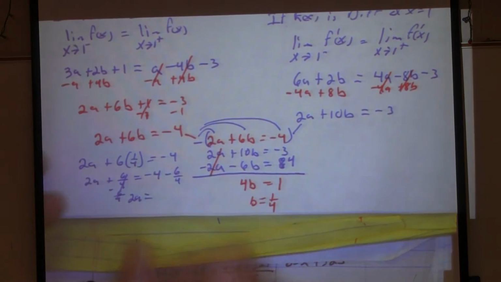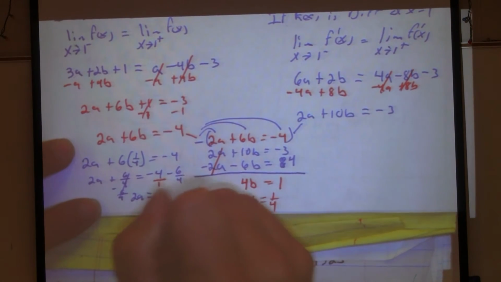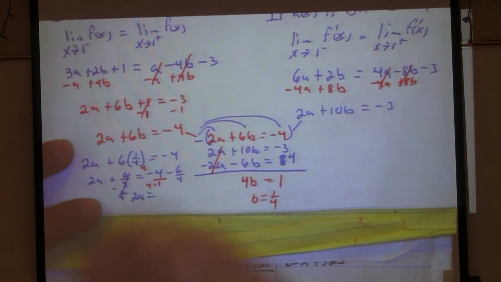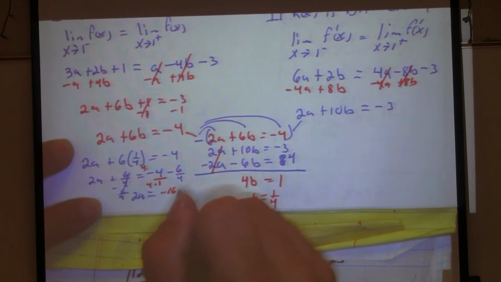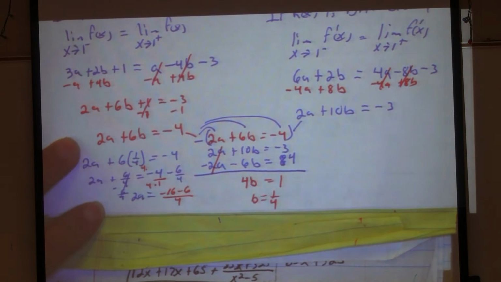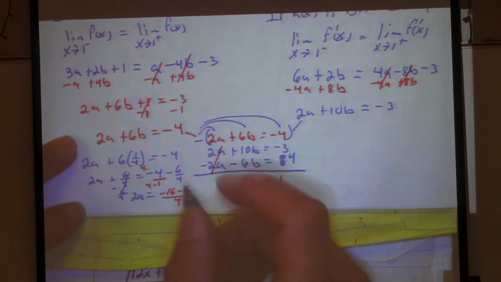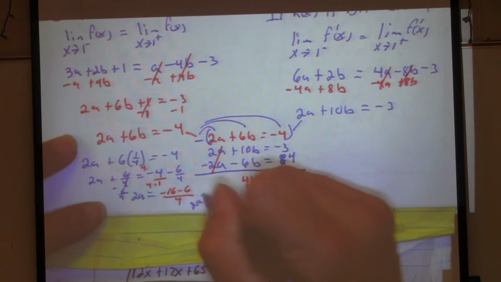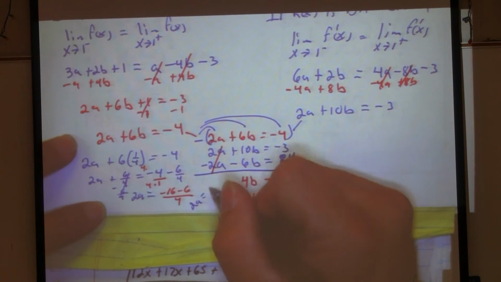What's my common denominator going to be here? Times 4, right? So that gives me negative 16 minus 6 over 4. What's negative 16 minus 6? Negative 22. Okay. So now I have 2a is equal to negative 22 over 4, which is negative 11 over 2.